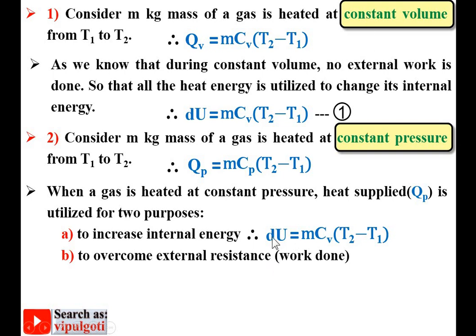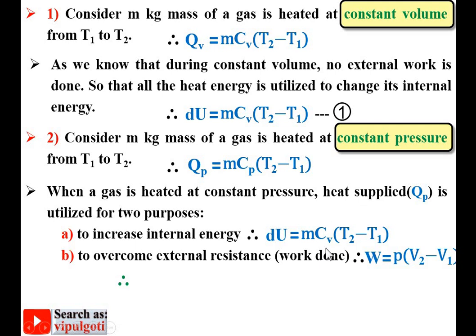In constant volume this work done is 0, but in constant pressure some of the heat is converted into work done to overcome the external resistance. That work done is equal to P dV, where dV is the change in volume. So remember W is equal to P dV, and heat is m C dT, where dT means change in temperature, or delta T.